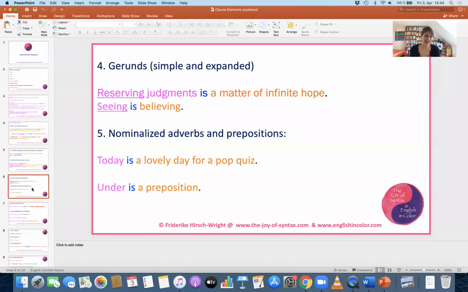Today is a lovely day for a pop quiz. So today means this current day, this day right here is a lovely day for a pop quiz. Under is a preposition. So here we are actually looking at under not as a preposition, but as a word that serves as a noun and that noun serves as a subject.